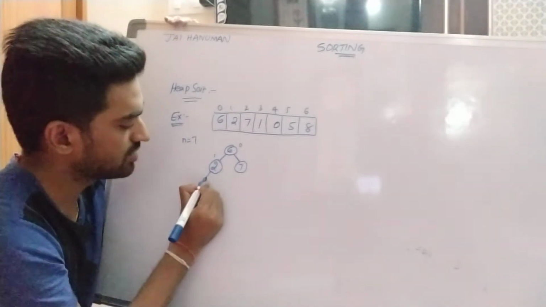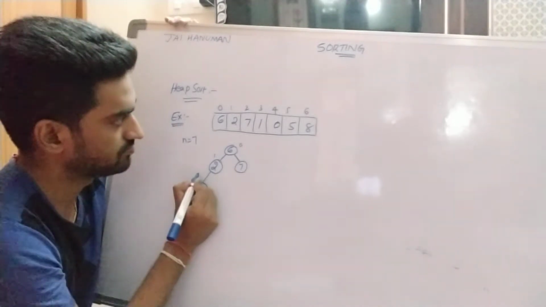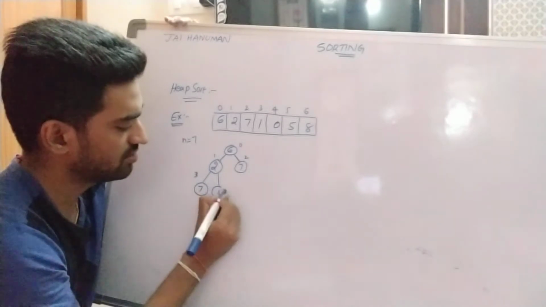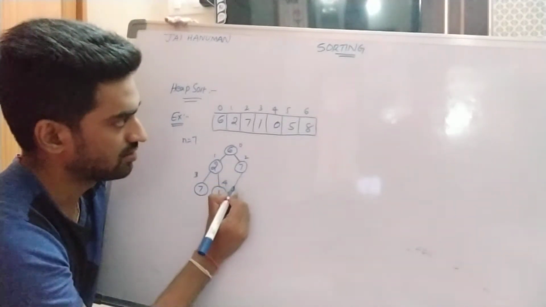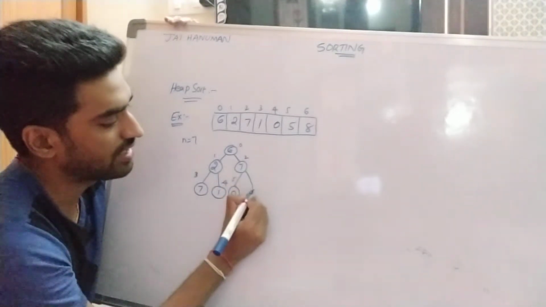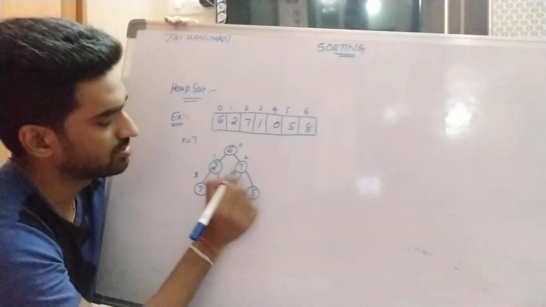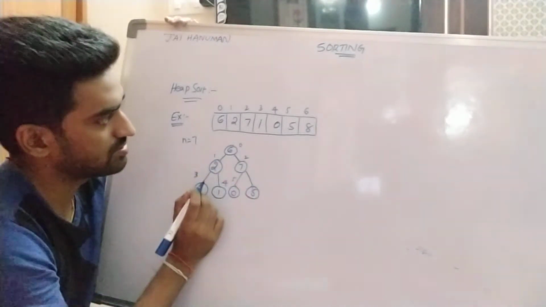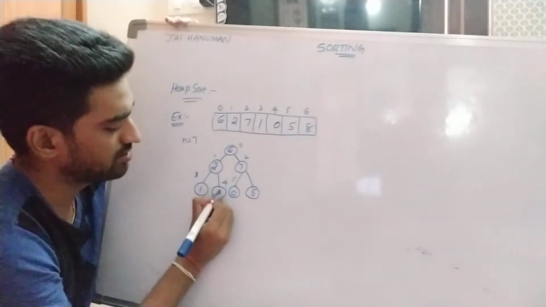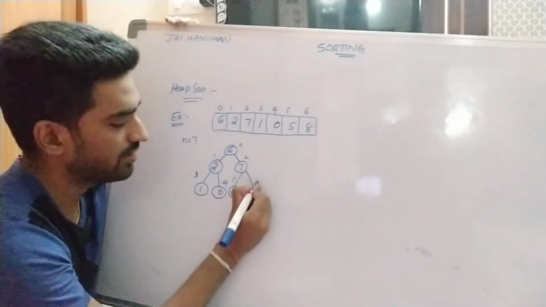For left we are placing the next node on the left side: 7, 1, 0, 5, 8.